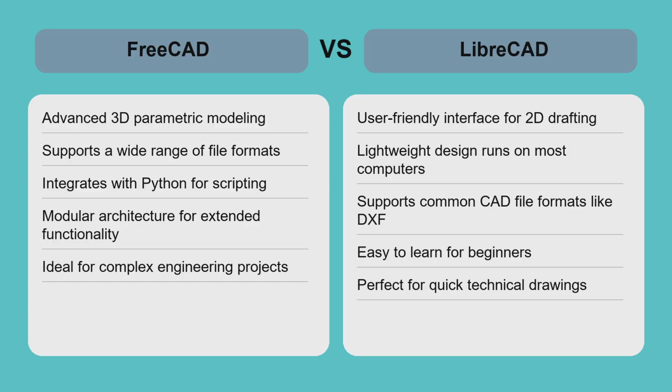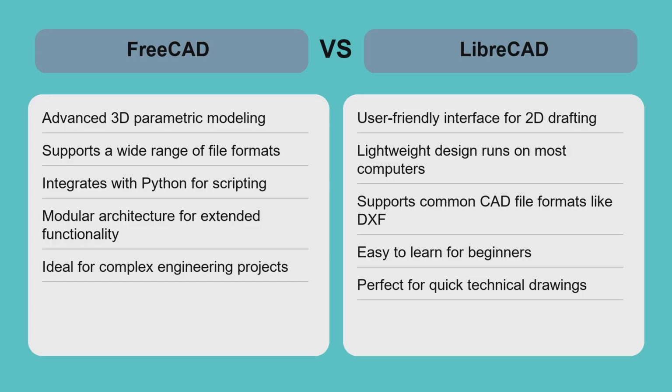The trade-off is between depth and simplicity. FreeCAD provides advanced 3D modeling but with complexity, while LibreCAD delivers straightforward 2D drafting without 3D capabilities. Choosing depends on your project requirements, complex 3D design or efficient 2D drafting.